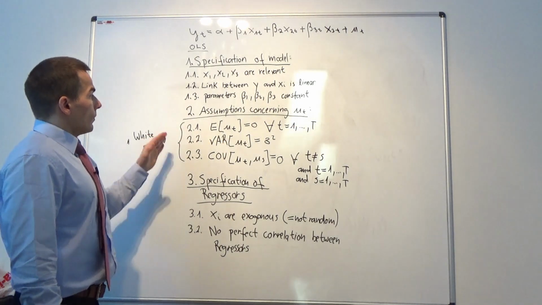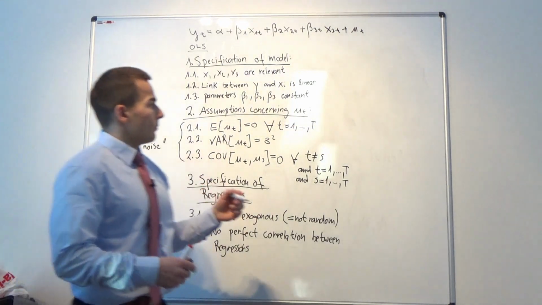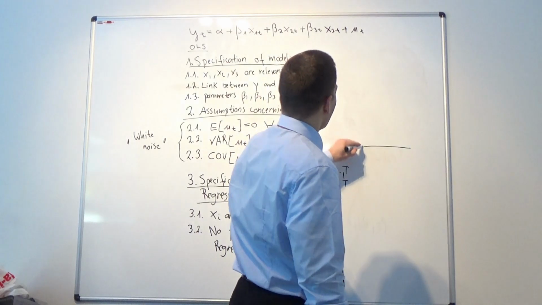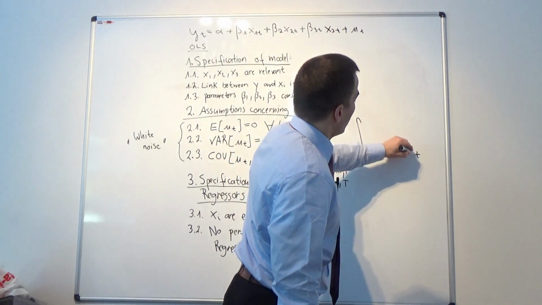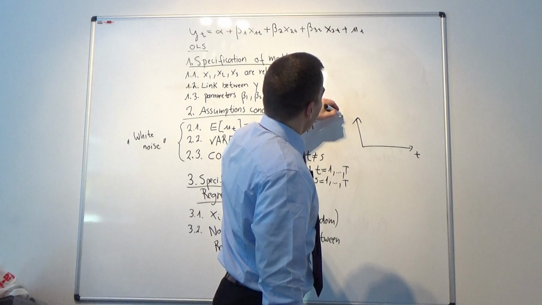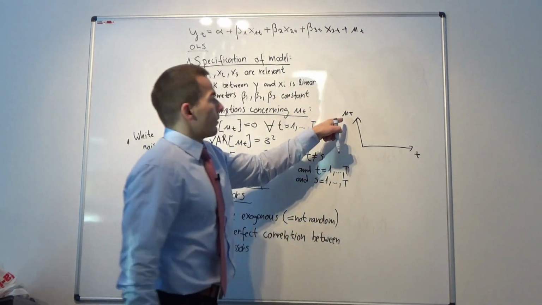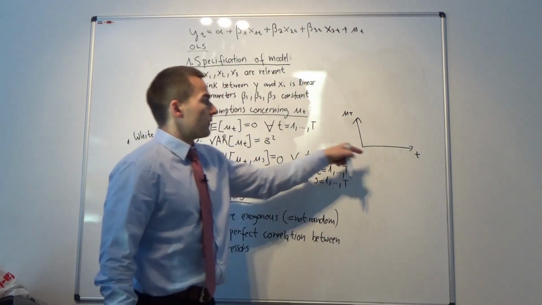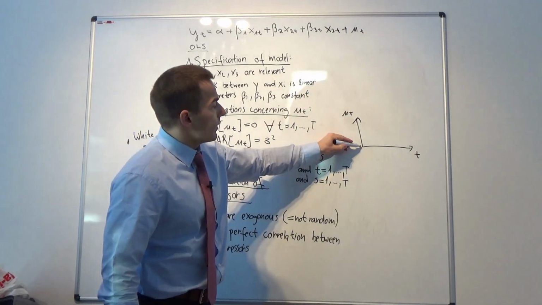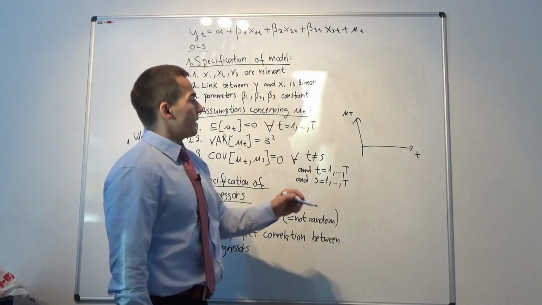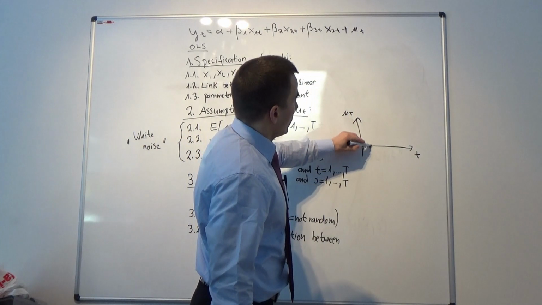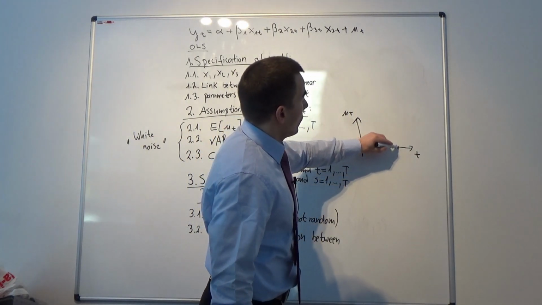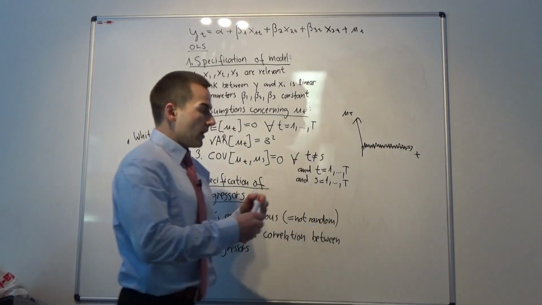So what we do not want to have is, if we plot our error term here, this is our time dimension, and here we have our errors ut plotted against time. Let's say we have a time series. What we want is that the error term is 0 on expectation.